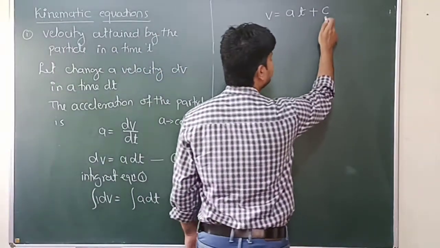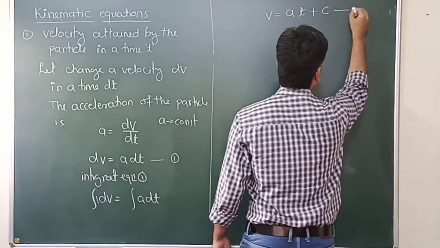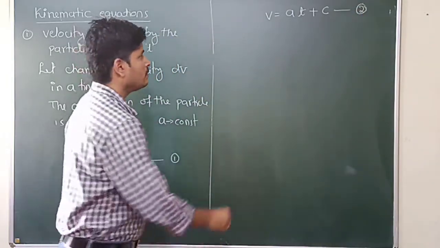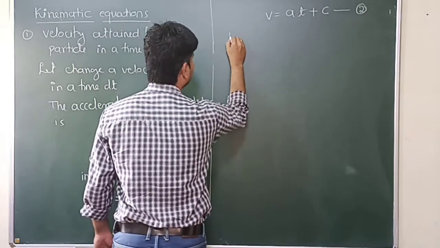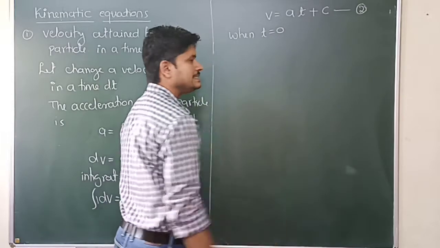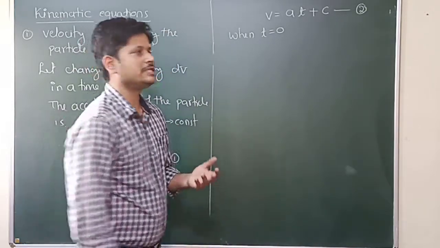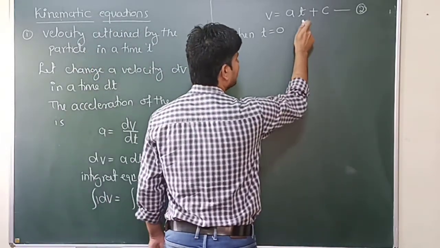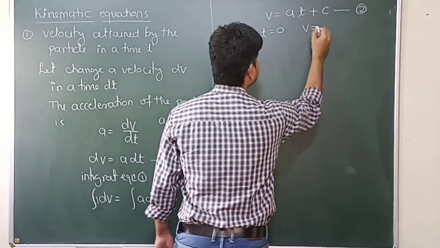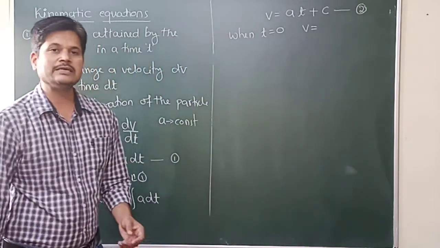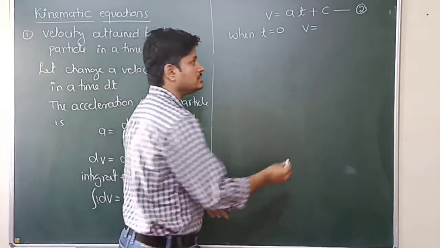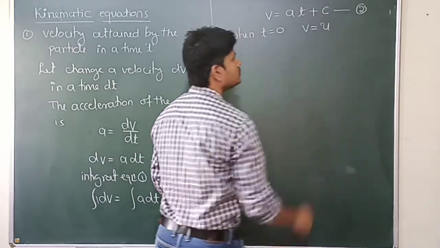Now we have to find out the value of c. To find out the value of c, what do we have to do? When t is equal to 0, if you substitute this value into this equation, then the velocity at that time is the initial velocity, that is u.